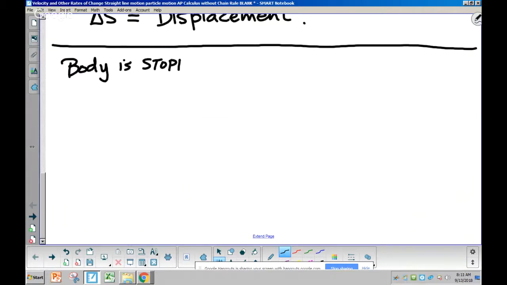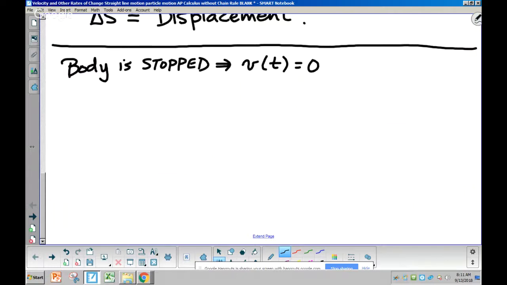So in calculus, when we talk about trying to find out when a body is stopped, we're going to take the velocity function and set it equal to 0. And that would also be your justification. Because if you have no velocity, you aren't moving. You're going 0 meters per second. Or feet per second. Or whatever unit you're in.